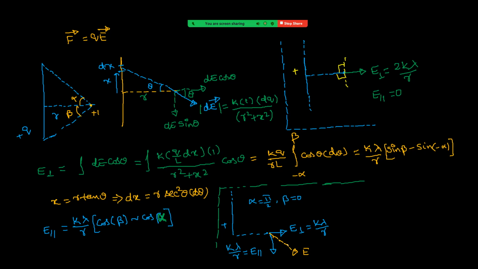So whenever we calculate the strength of the electric field due to a uniformly charged thin wire, it is along its angular bisector. So we have to remember what the normal component is and what the parallel component is. I hope you got clarity.